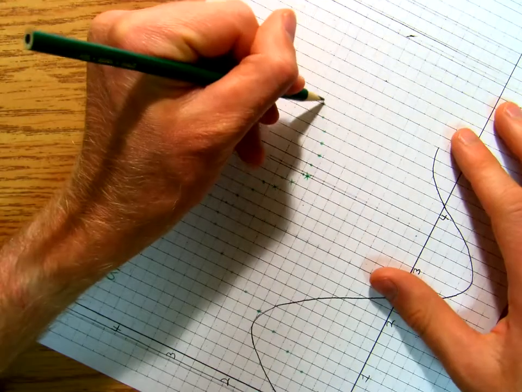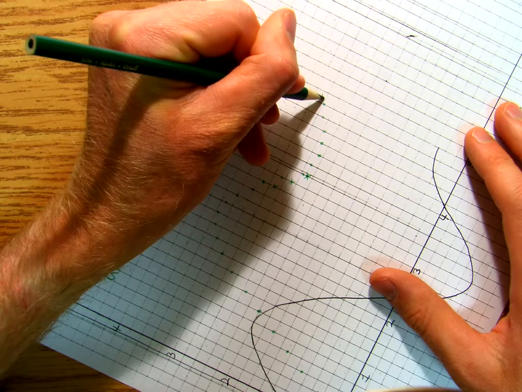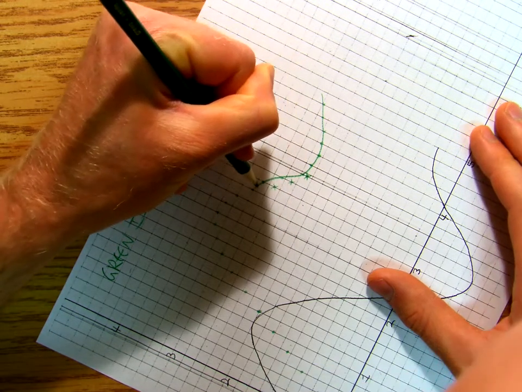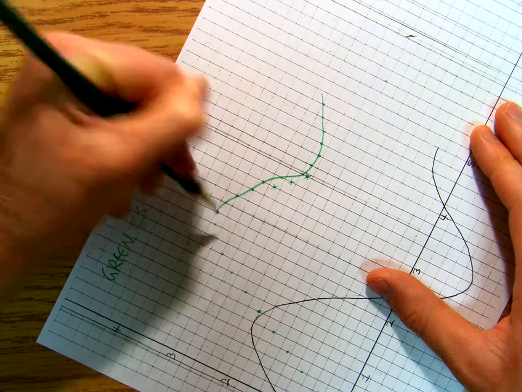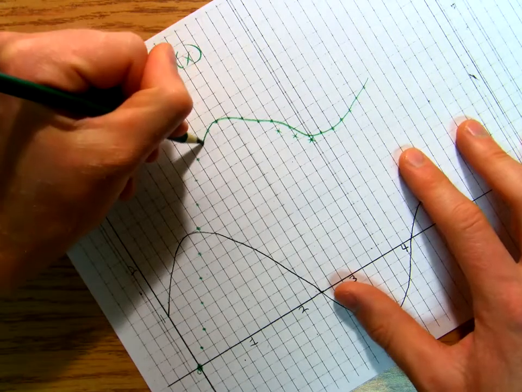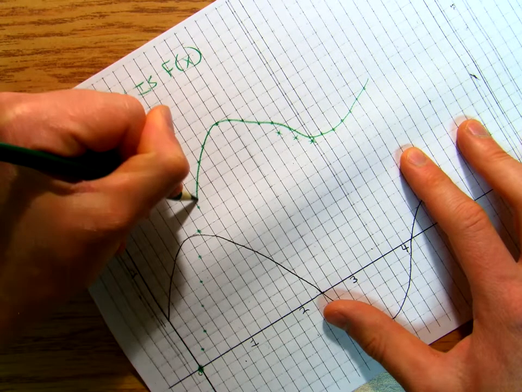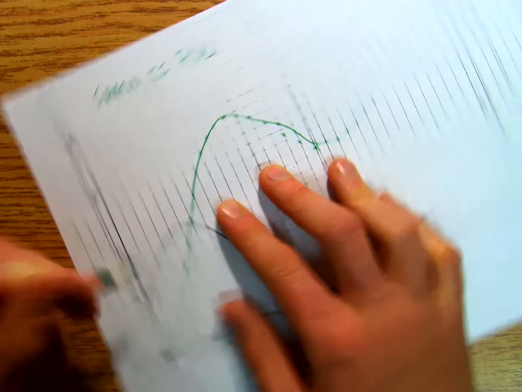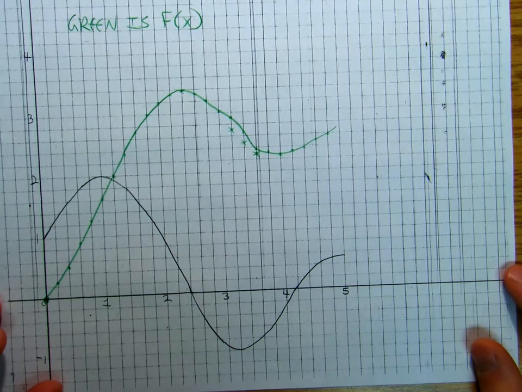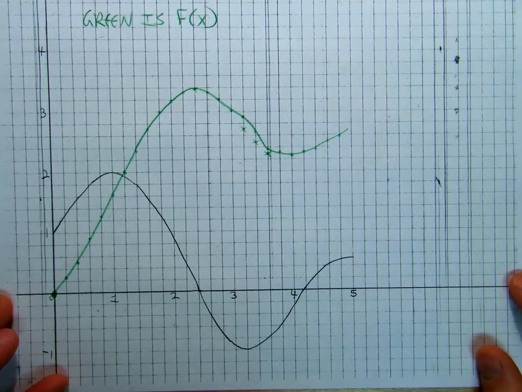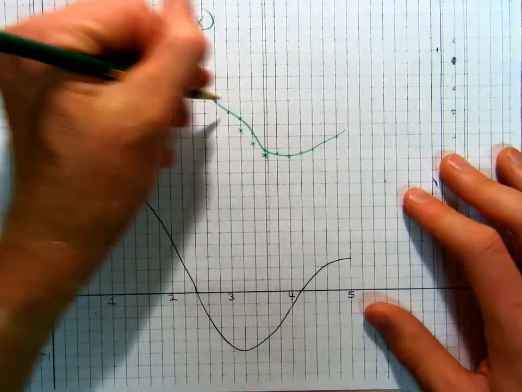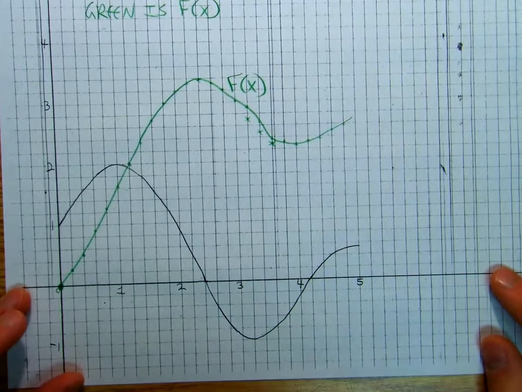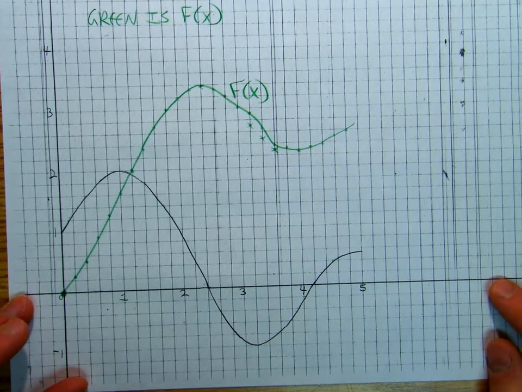Okay. If I look at the green curve, this is f of x.